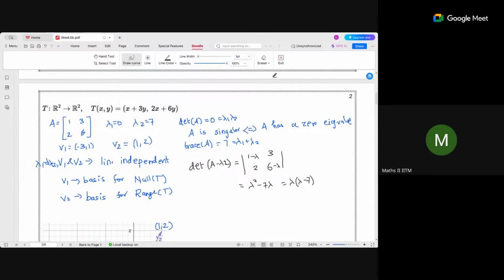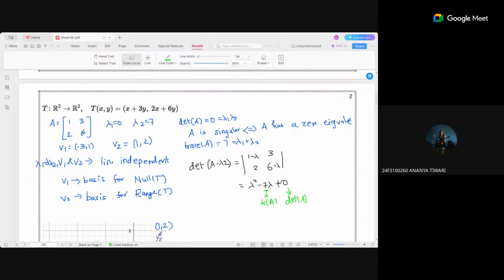So here you see, what is the constant coefficient here? I will put it as plus 0. Again you can see that, without the minus sign, this is the trace of A, and this is the determinant of A. Is that clear?